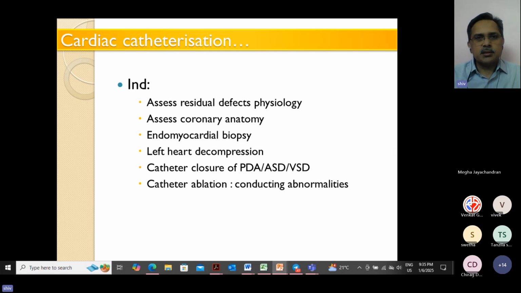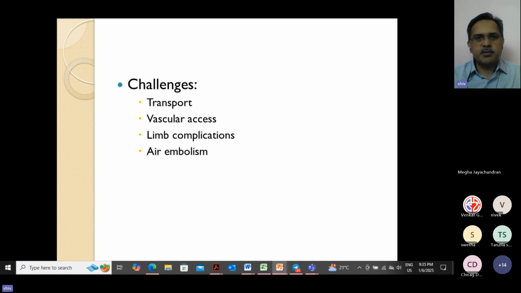Cardiac catheterization, different indications are there. I'm not going into specific indications, but the challenges are that if we have to move the child to the cath lab, transport is a risk. Vascular access can be challenging because you already have multiple central vessels accessed, one artery and one vein or two central veins.